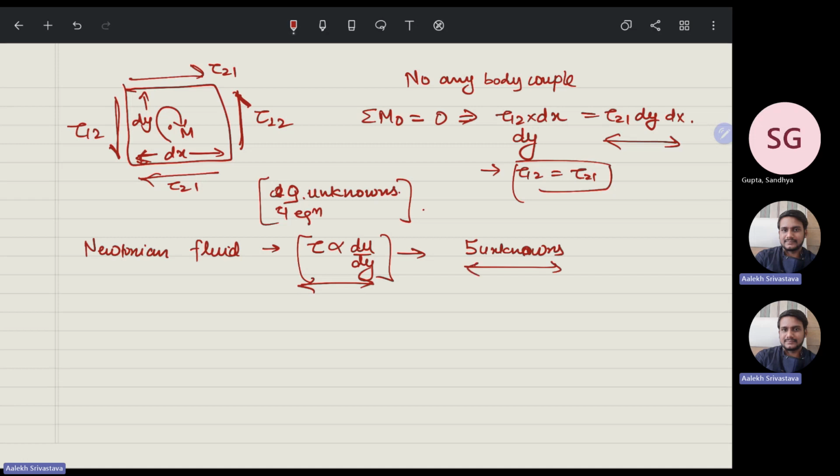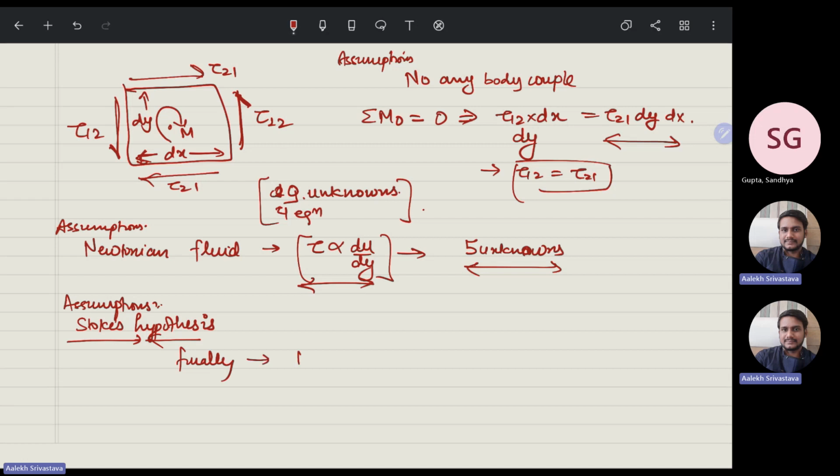And then we will apply one more assumption, what we call the Stokes hypothesis, and finally the equation that comes is the Navier-Stokes equation.